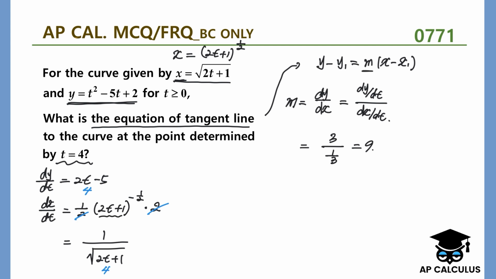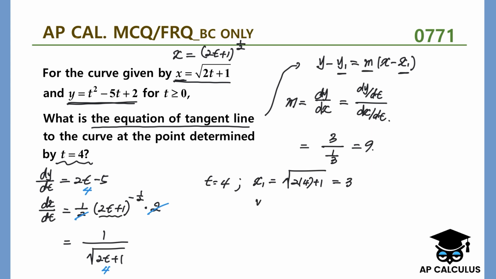Now we have to find the point x1, y1 that this line passes through. When t equals 4, our x value is the square root of 2 times 4 plus 1, which is the square root of 9, which is 3.